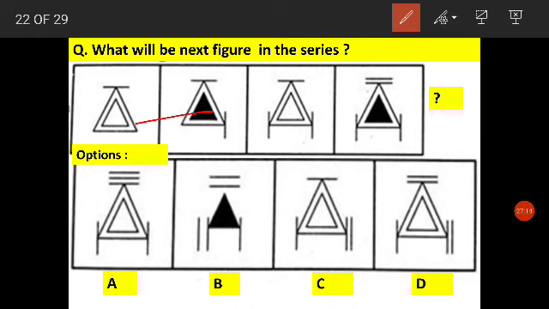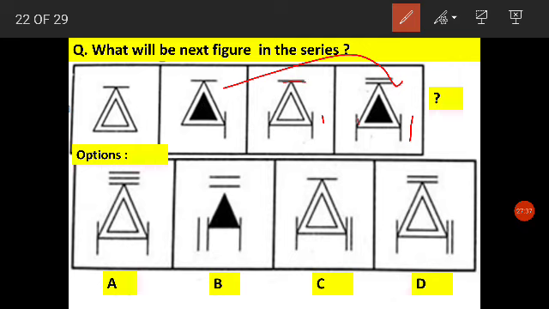So a black triangle and two bars. Here the same triangle with three bars, one, two and three, and here the same figure, but now the number of bars is increasing. Instead of one there are two bars, and all around it has got bars.